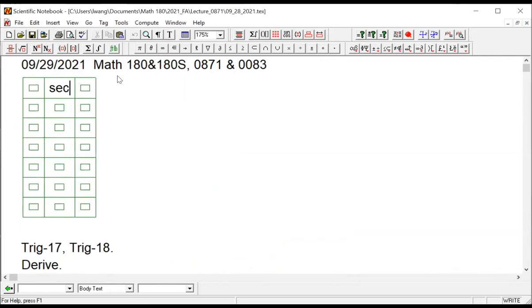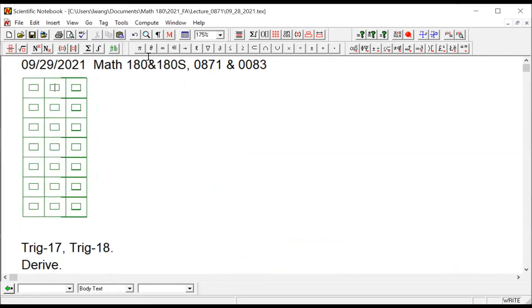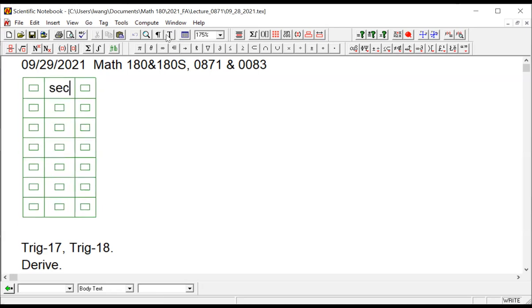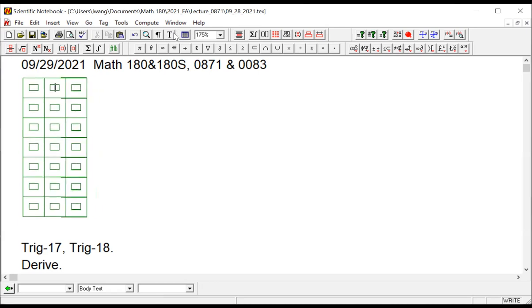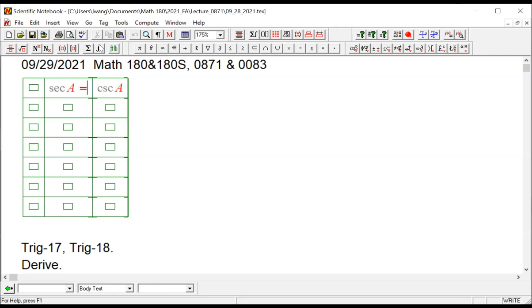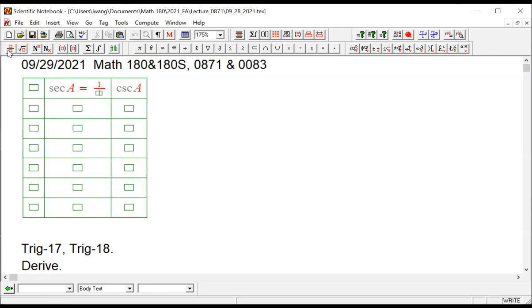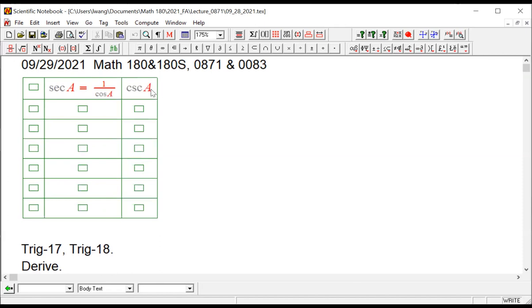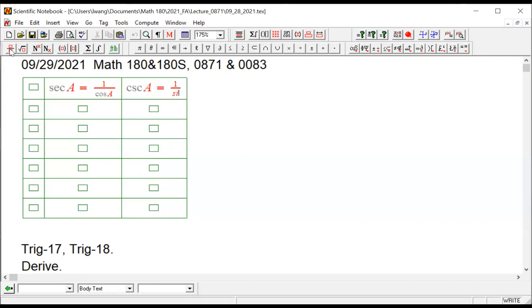Secant, cosecant, the rule, which is 1 over cosine. I'm not going to do it in class because we don't have time. You must do it.